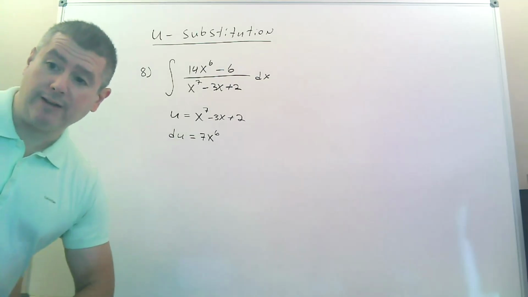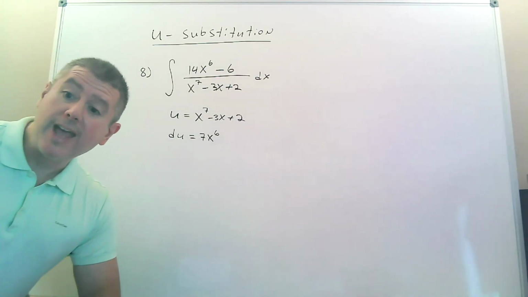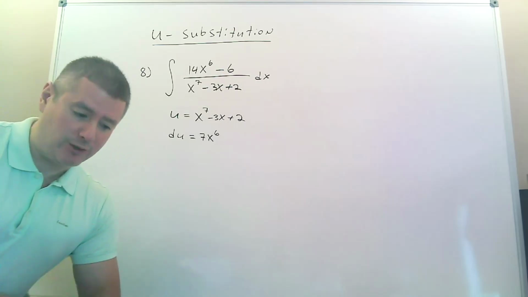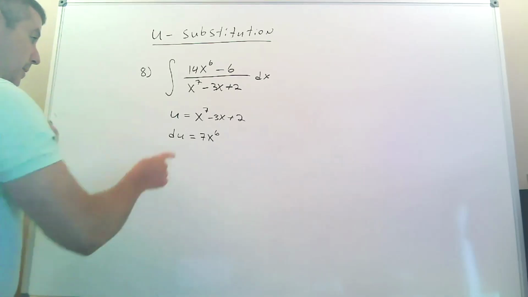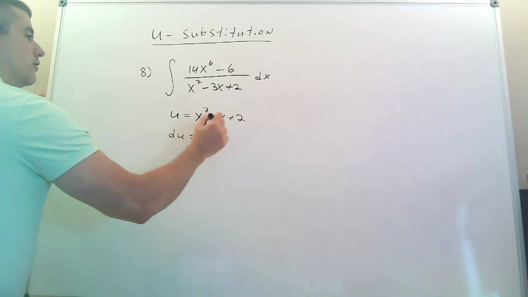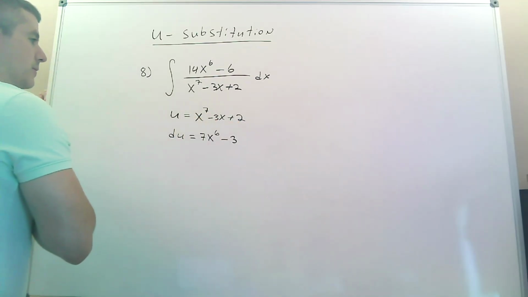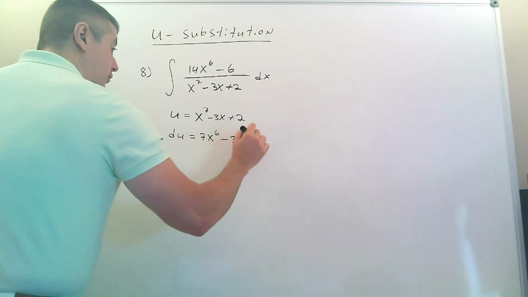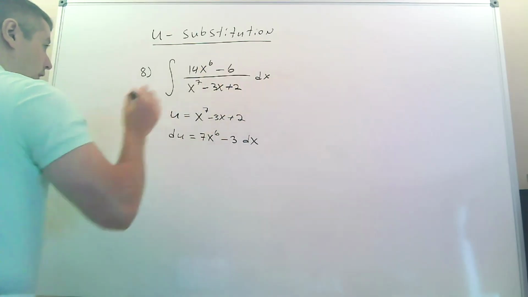The weird thing about this is you're doing antiderivatives, you're doing integration, but you're taking derivatives in the process of u-substitution. So you have to keep your mind straight about what you're doing. People get here and then add 1 and divide. No, you're doing derivatives. So the derivative of minus 3x is minus 3. Just take the coefficient. And then dx. This is really important. Got to make sure it's there, or you can't replace this. You have to get rid of all of it.